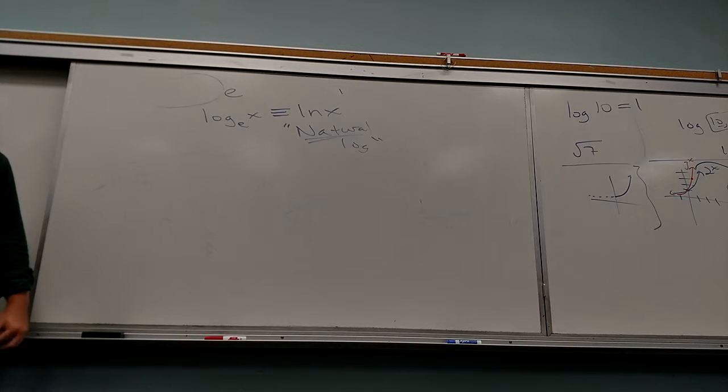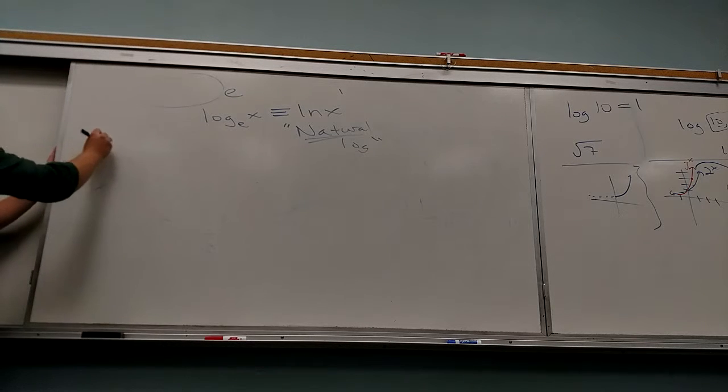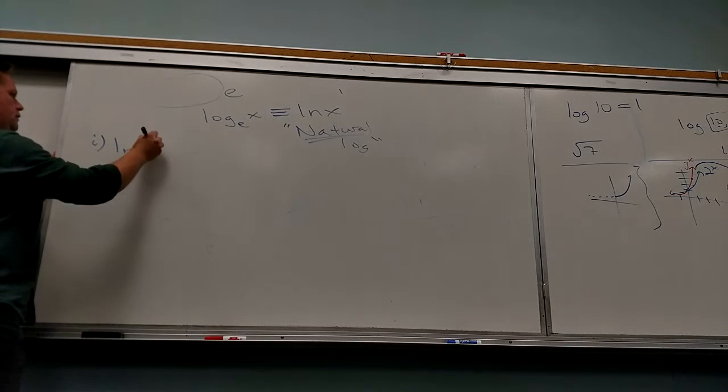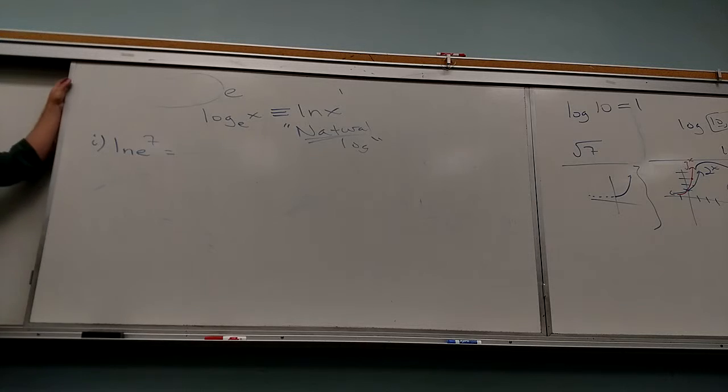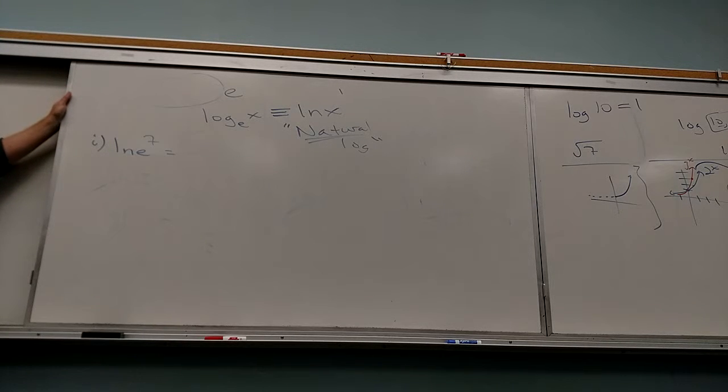Okay, so ln means log base E. So, if I put down somewhere ln e to the 7th, based on what we just said earlier, and now we know what ln is, what do ln and e do?